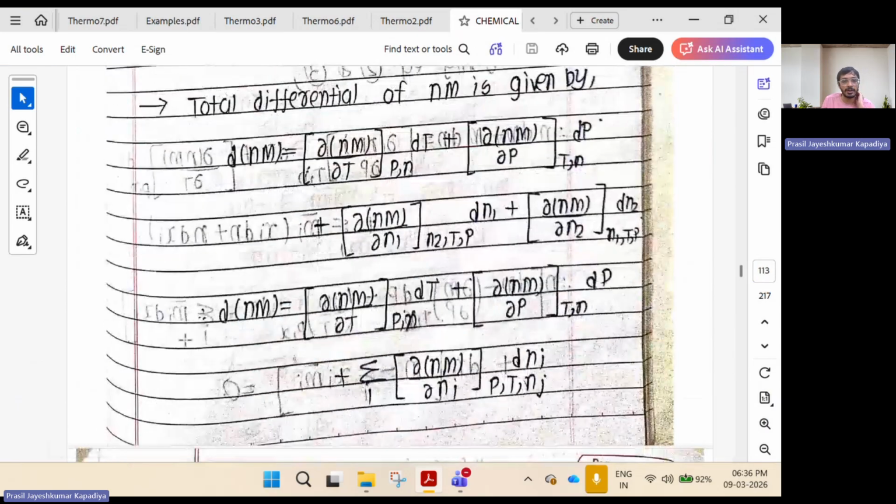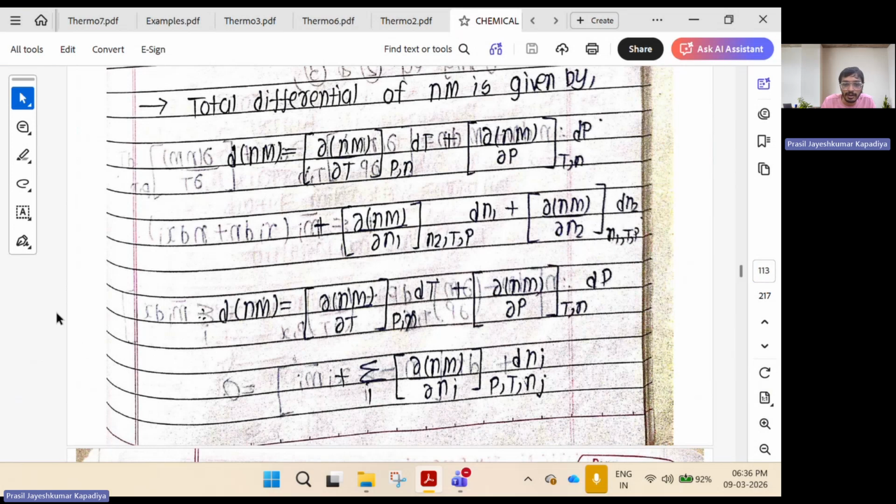So what can I write from here? I can write dnM is del nM del T dT, plus del nM del p dp, plus, now this can be for n number of components, right? So I can write the summation i equal to 1 to whatever number of components we have in our system, del nM del ni dni, at Tp and n of j, which is not equal to i.